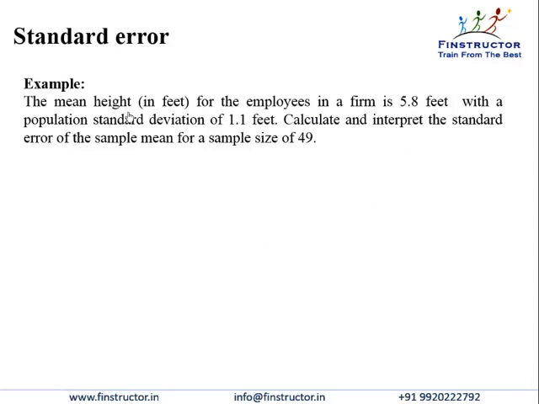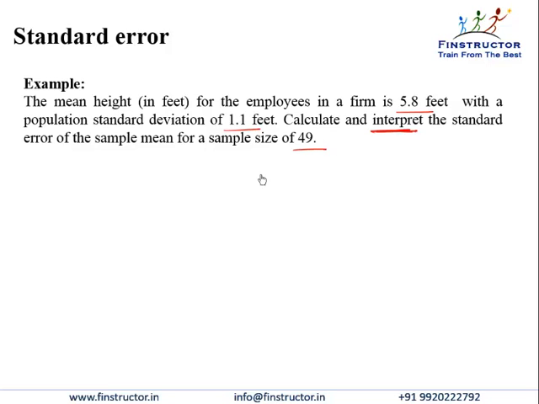The mean height for the employees in a firm is 5.8 feet with a population standard deviation of 1.1 feet. Calculate and, very importantly, interpret the standard error of the sample mean for a size of 49. So first let's do the calculation.